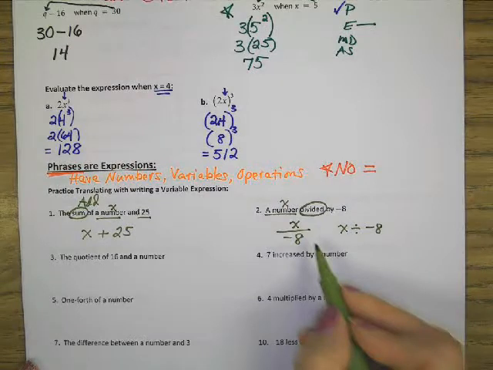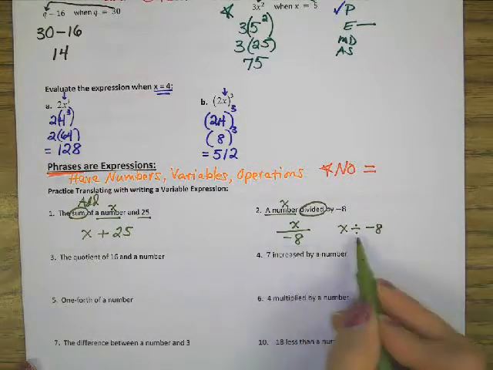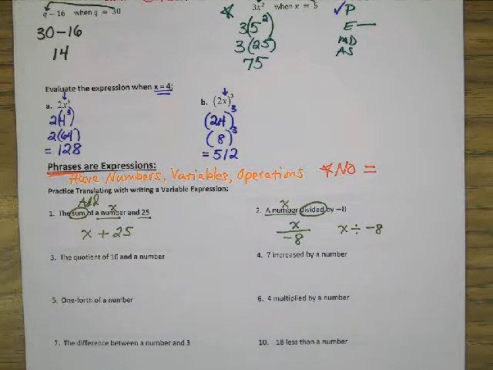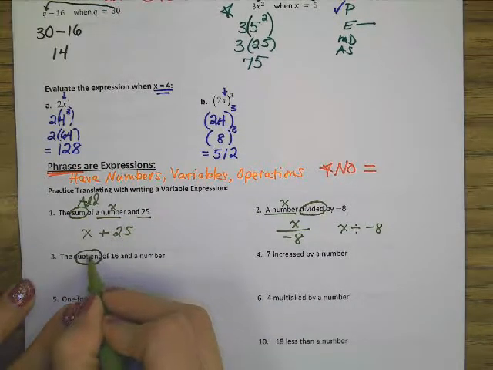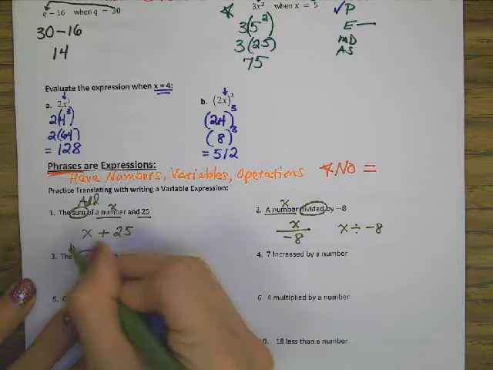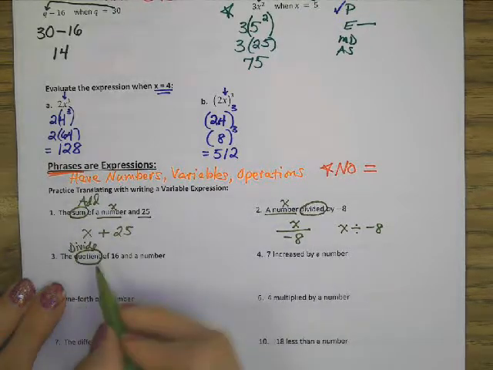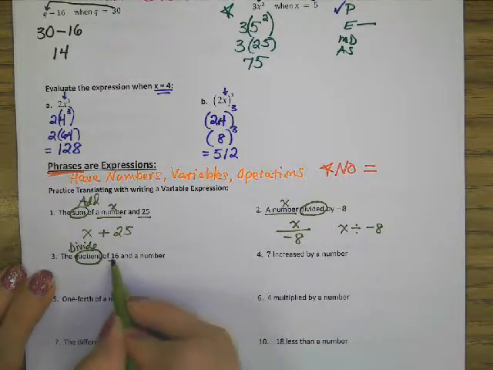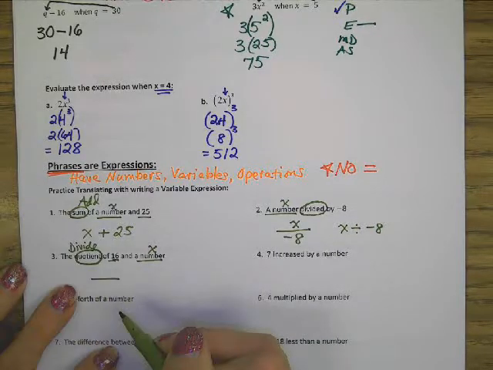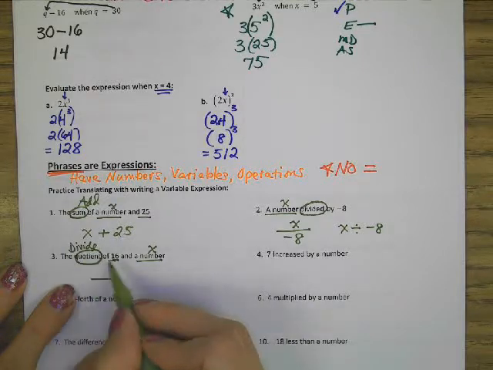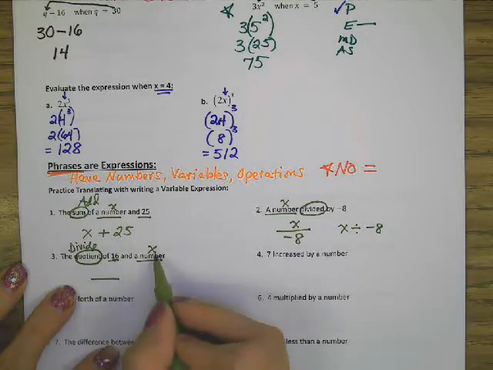Okay, what does quotient mean? Quotient means to divide. I have to divide 16 and a number x. Okay, so here's the divide bar. Divide 16 and x. The first thing that you see goes on top, and then x goes on the bottom.